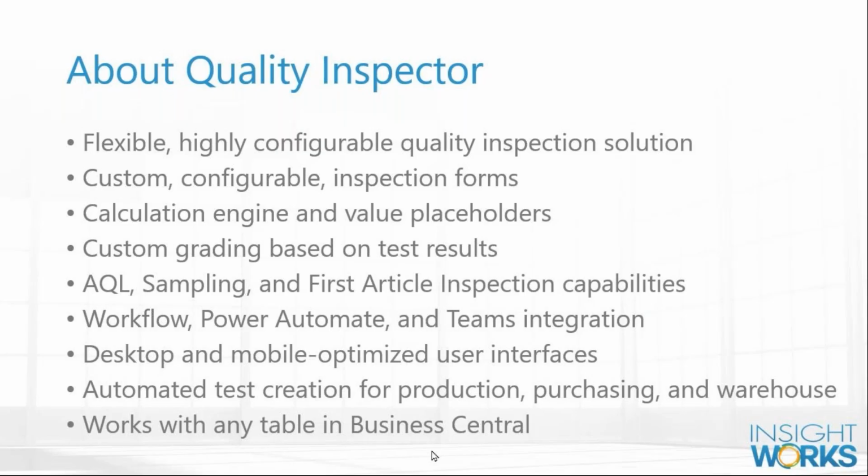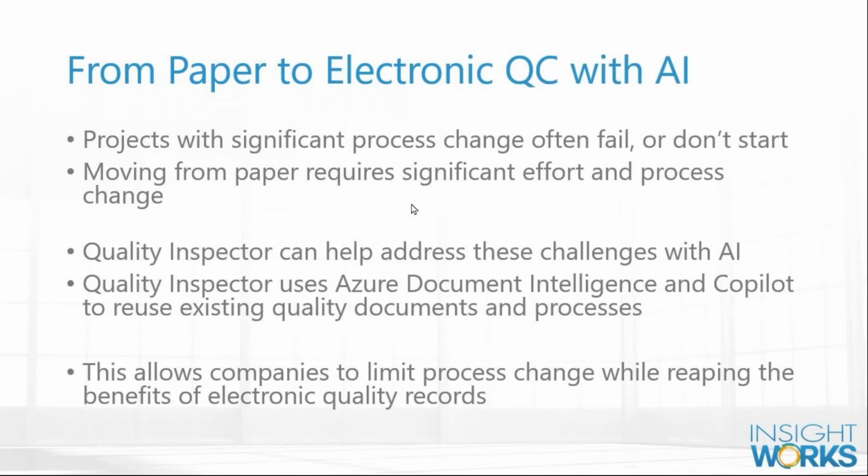And so within Quality Inspector, we have the ability to go in and read those existing paper quality inspection documents, convert them into electronic documents, and create the tests for you. So that helps you a little bit with the setup.